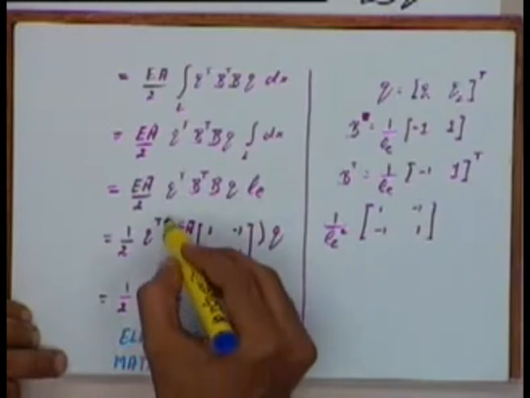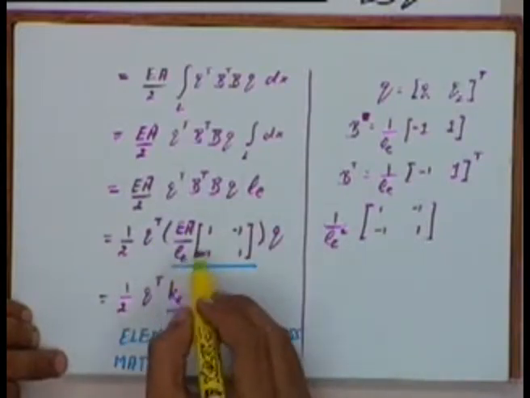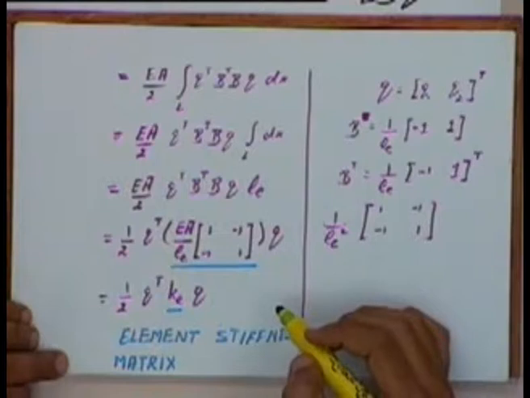This element stiffness matrix is what we are getting over here, which is EA by LE multiplied by 1 minus 1 minus 1 1.